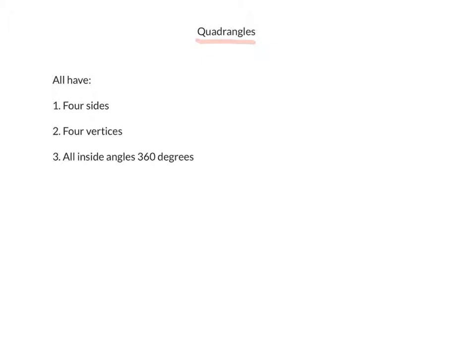Now, all the quadrangles that we see and learn today are going to have these things in common. Again, we see the word quad up there, so that means they're going to have four sides. With working with our attributes, we've learned that four sides means they have four vertices. But the special thing about quadrangles is that they have 360 degrees on the inside.